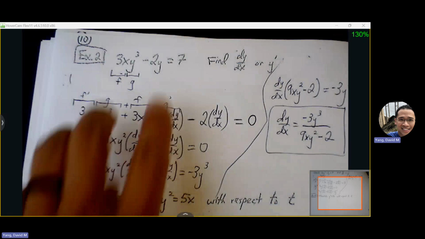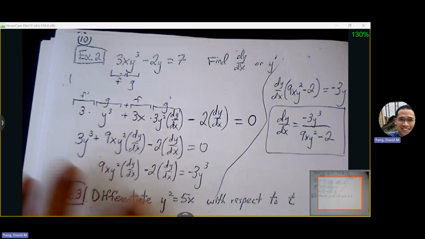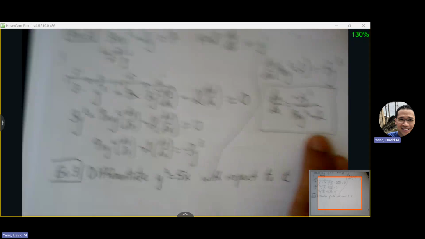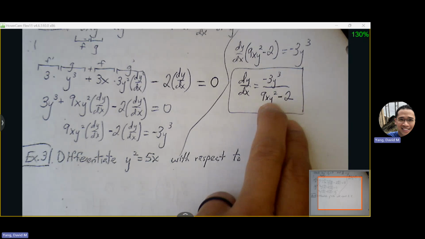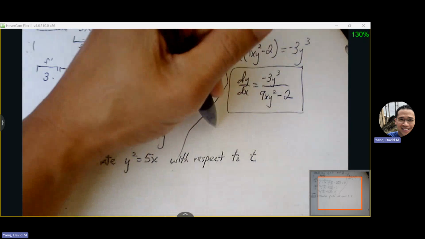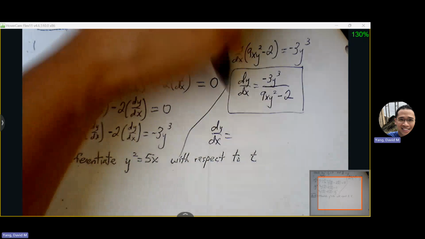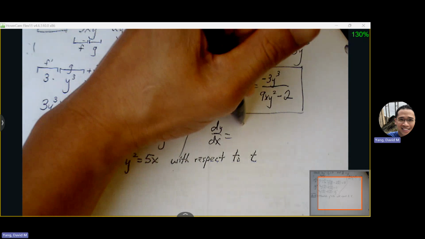I say to collect your dy dx's on the left side, but you don't have to. You can collect your dy dx terms on the right side, but your derivative may come out to be a negative version of the original. So let's say this was what you got, but your answer choice looked like this.